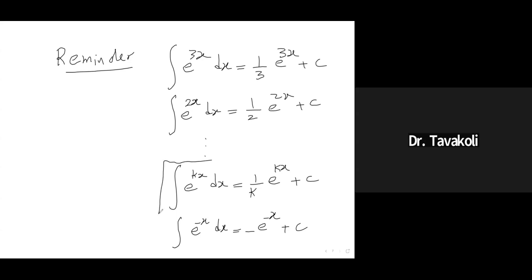So for all of these, the most general form for the integrals of e to some constant times the variable is this formula, and the other things that you see are examples of it. But all of them are obtained based on the substitution.